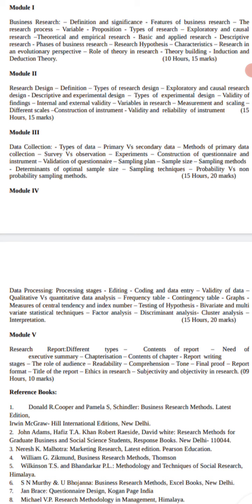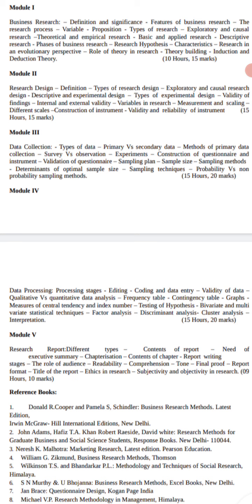So the third module is about data collection, which is a very important step in any research process for that matter. What are the different types of data collection methods available, what is the importance of it, and how we are doing it. So this is the third module.